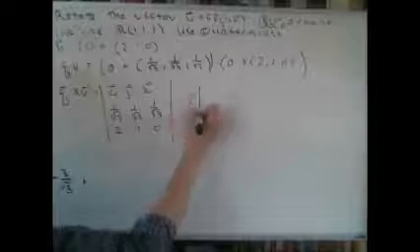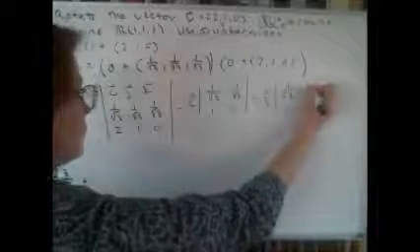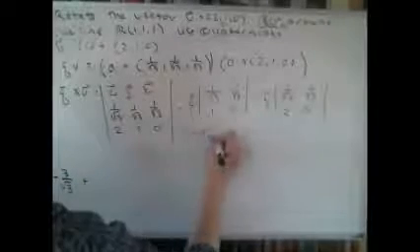Okay, so let's go ahead and do it. So I have I times first row, first column, minus J, first row, second column, plus K, first row, third column.